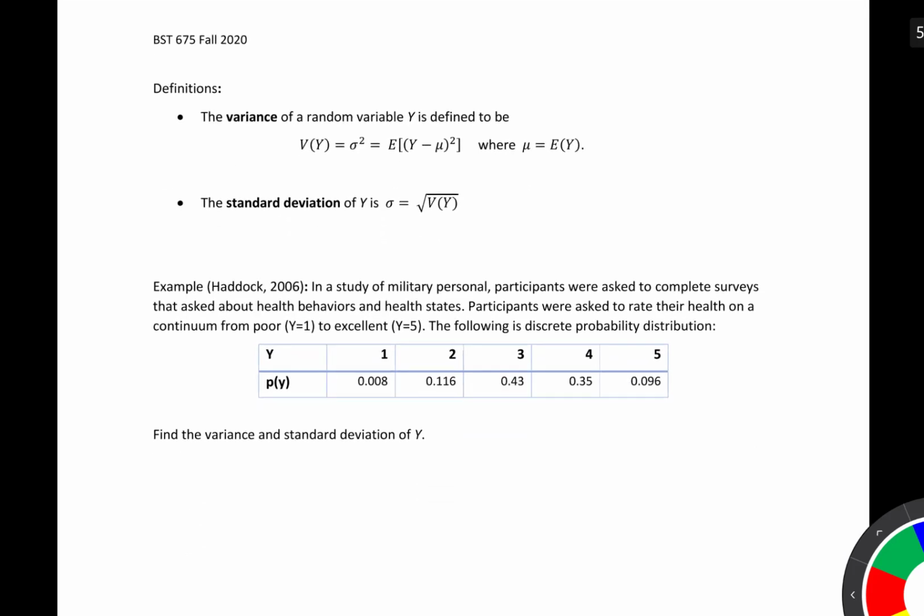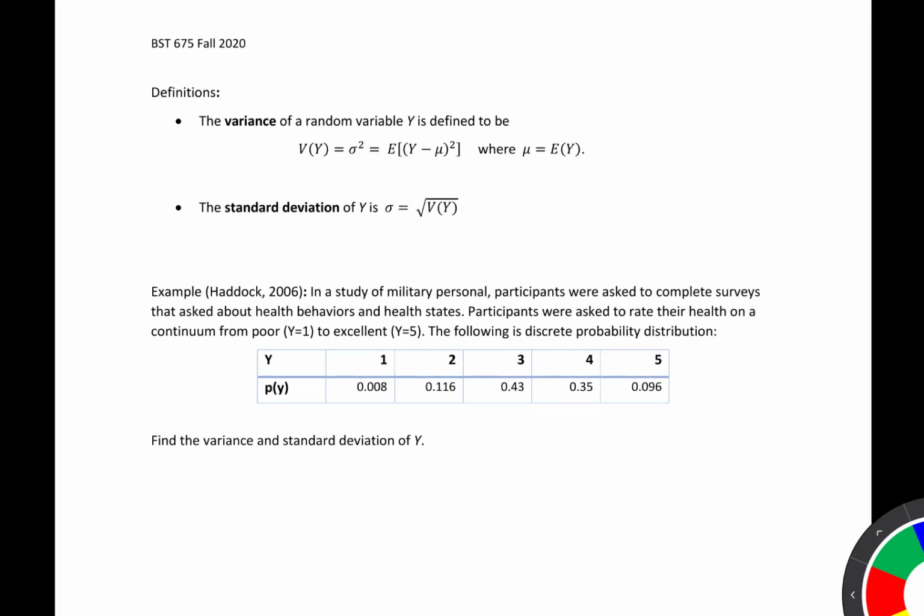In addition to the expected value, we can also talk about the variance of a random variable. The variance is defined as follows. It is an expected value, but instead of being the expected value of y, we're looking at the squared difference between the different values of y and the expected value, or the average.